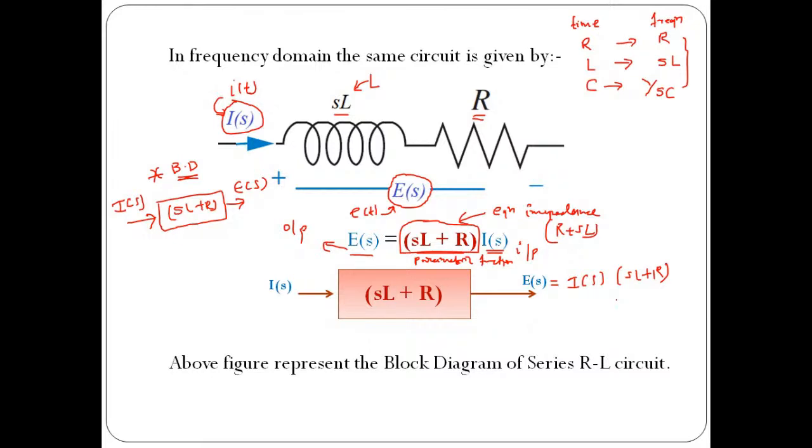We first need to find its mathematical modeling, and then we need to identify the function that provides the relationship between output and input, and then represent that function inside the block, providing input to the block and getting output from the block. That's it. Please note this down, because this is a very basic concept of block diagram.